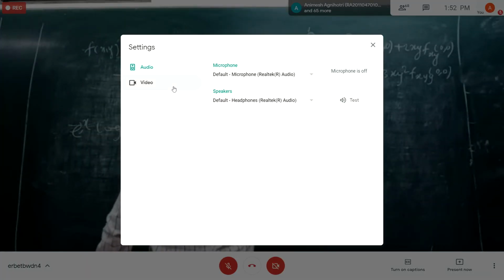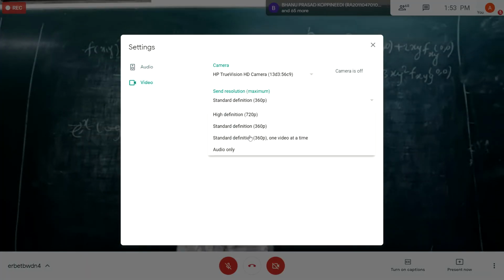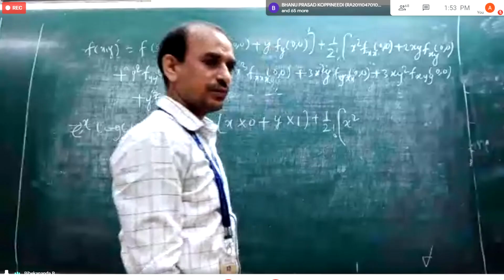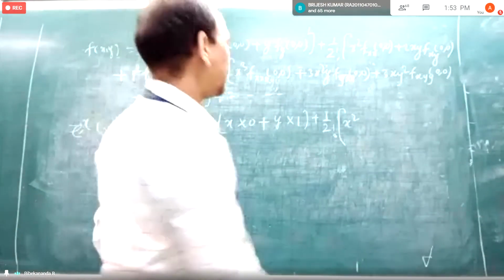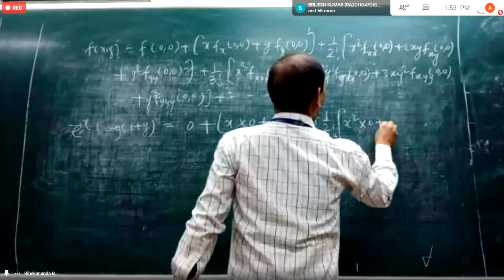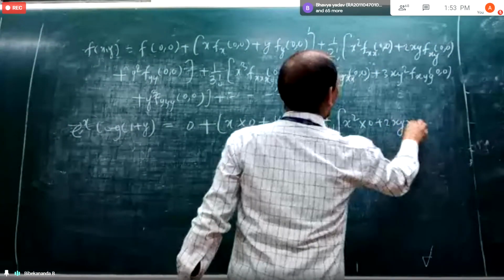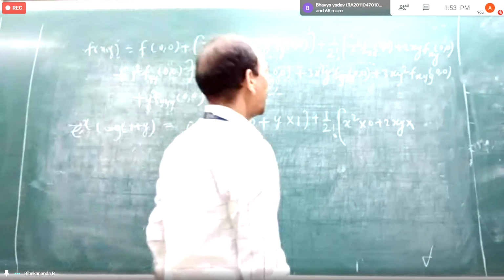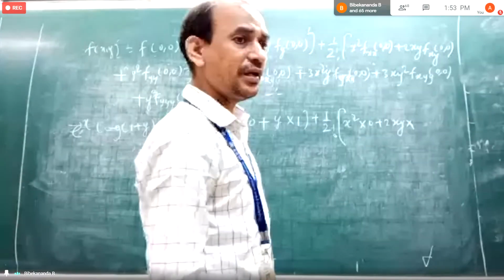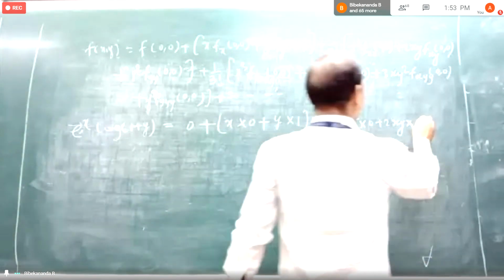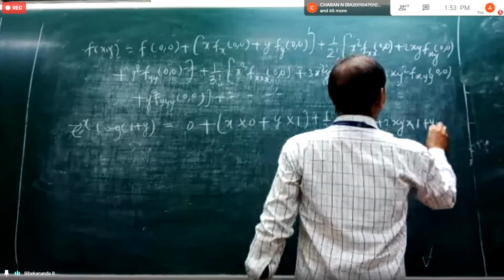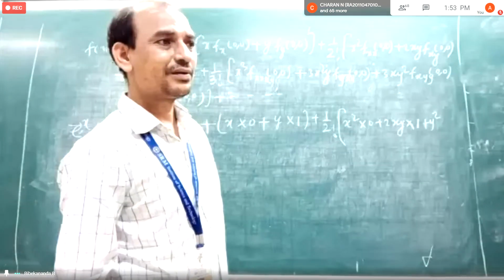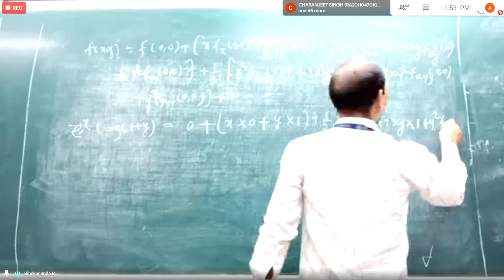Plus 1 by 2 factorial into x square fxx 0, 0 which is 0, plus 2xy into fxy 0, 0 which will be 1, plus y square fyy 0, 0 which is minus 1.